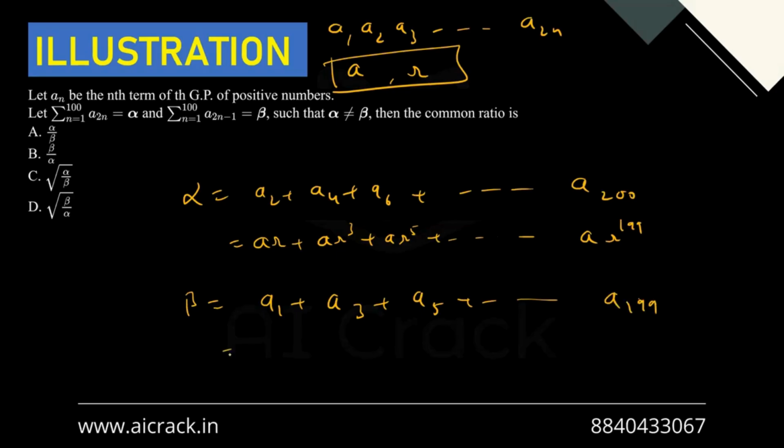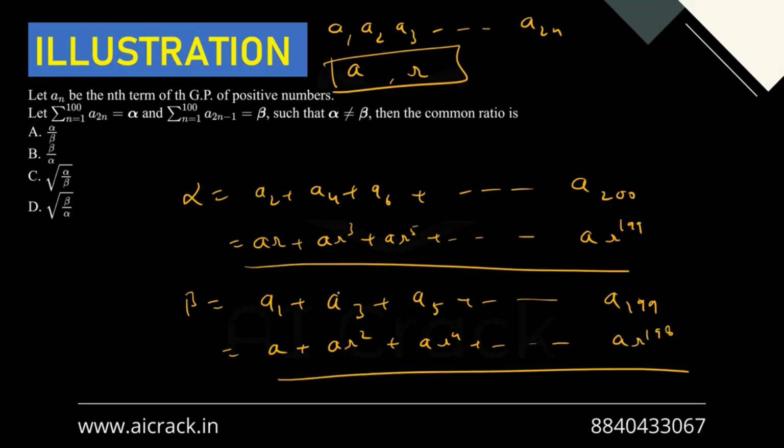In terms of A and R, A1 is A, A3 is AR square, A5 is AR to the power 4, and A199 would be AR to the power 198.